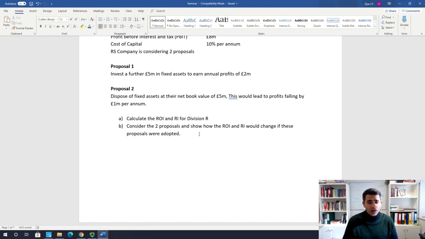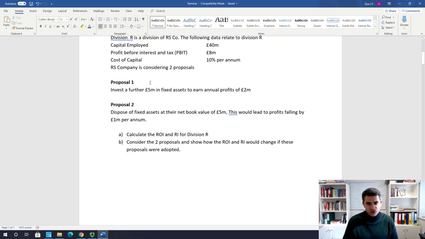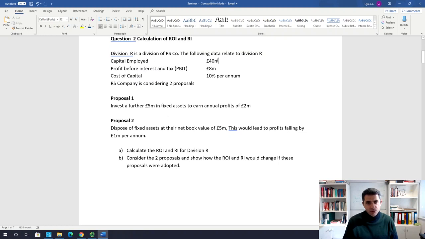So proposal 1, you invest a further 5 million in fixed assets, which is the capital employed, which is now 45 million, because it's the 40 plus 5, that's 45 million, to earn annual profit of 2 million. So now the annual profit is 10 million, because there's an extra 2 million.